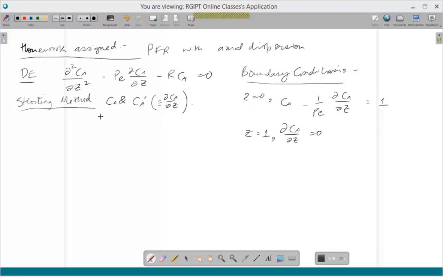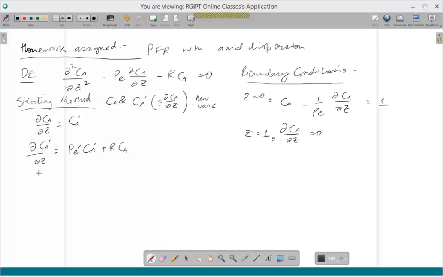With these two variables I will obtain first order ODEs: del Ca by del z equals Ca prime, and del Ca prime by del z equals Peclet number times Ca prime plus R Ca.